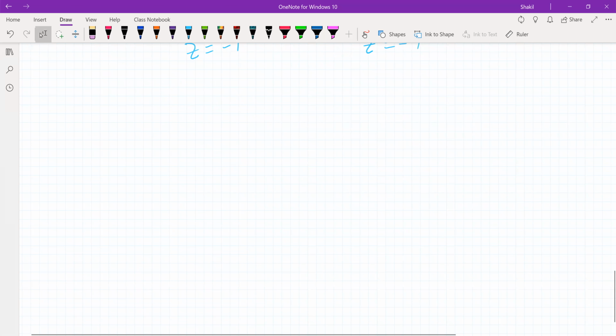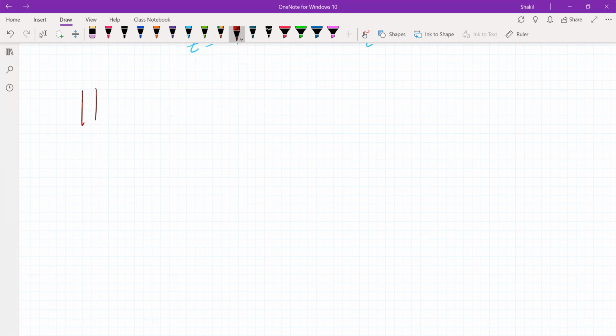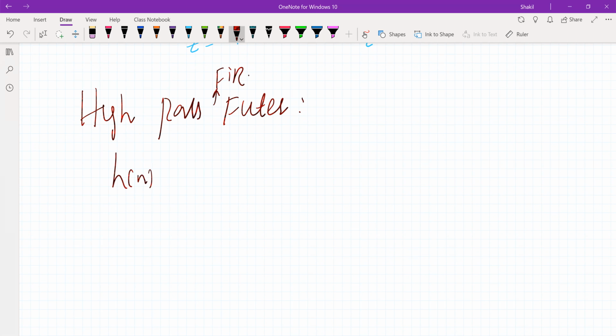Now let's try it for the high pass FIR filter. These are simple examples. This is an FIR filter. Now the impulse response of an FIR high pass, a very simple example, is 1 by 2, 1 comma minus 1.